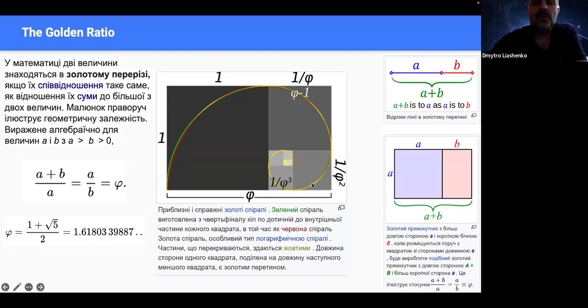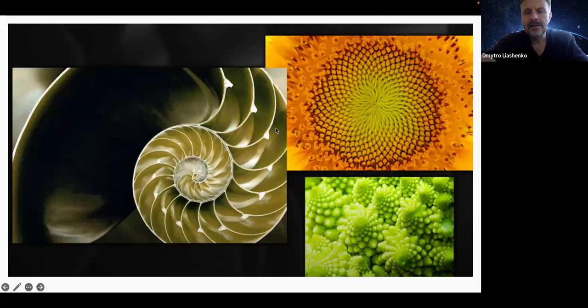If we try to make a quarter of a circle with radii that are in the same ratio, we can create a kind of golden spiral. We can see examples of these golden spirals in nature around us.